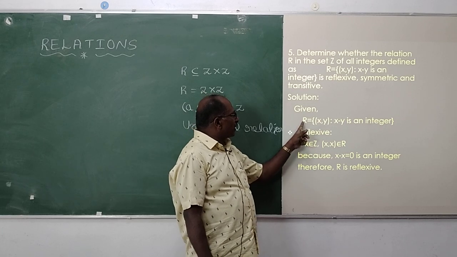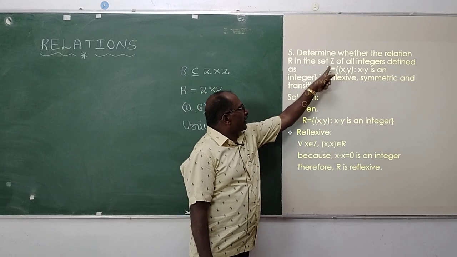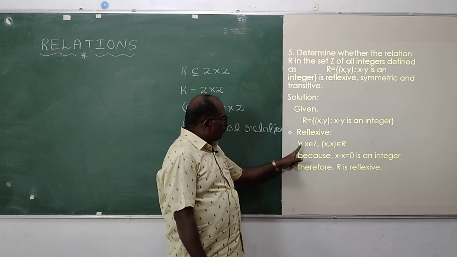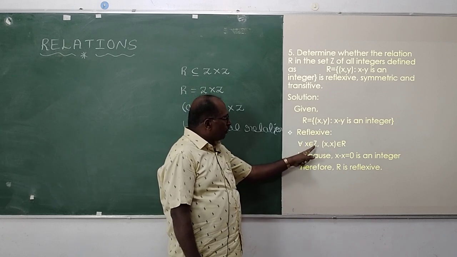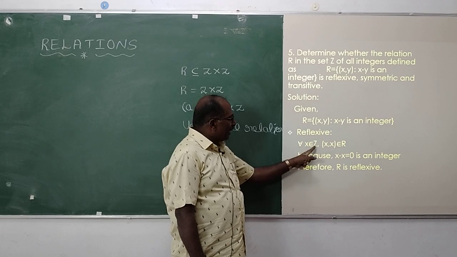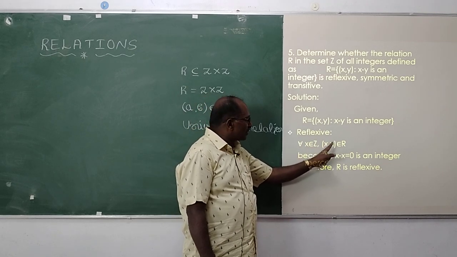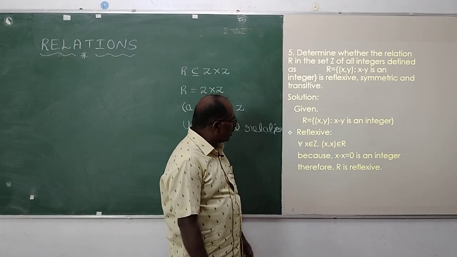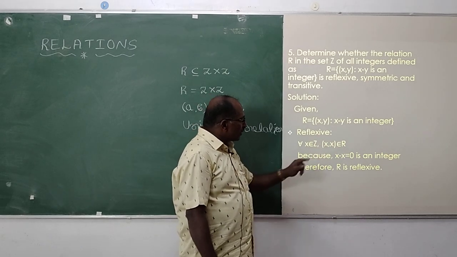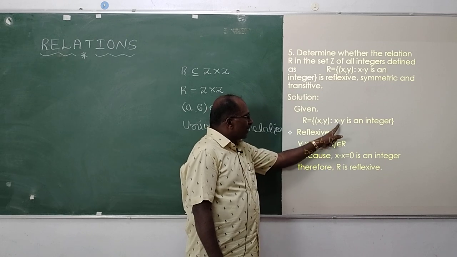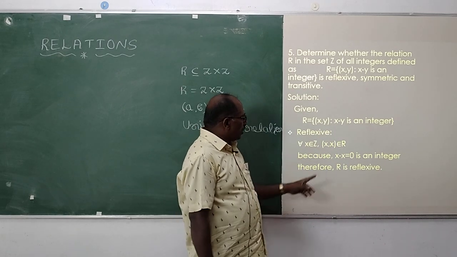Students, this relation R on the given set Z is reflexive. It is because for every x belonging to Z, x is any integer, we can find an ordered pair of the form x comma x in the relation R, because this ordered pair satisfies this relation.